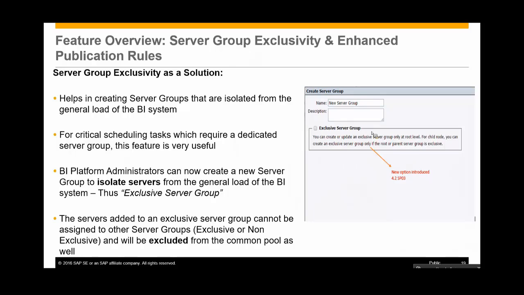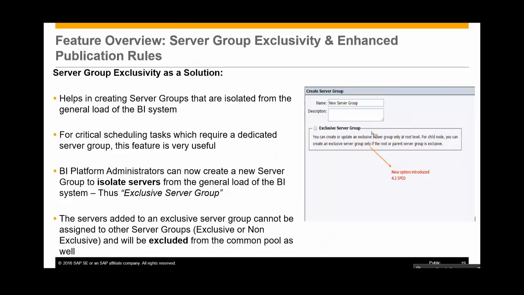There are also options to release servers from a server group, and to mark a server group exclusive if required. So these are some additional associated features with this particular functionality.